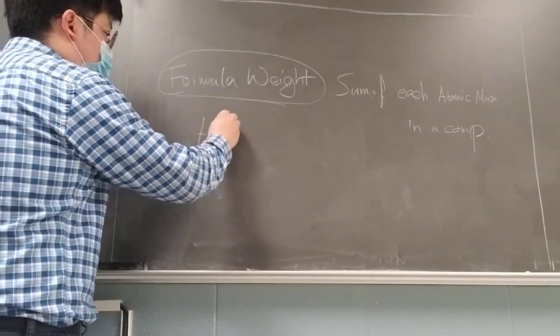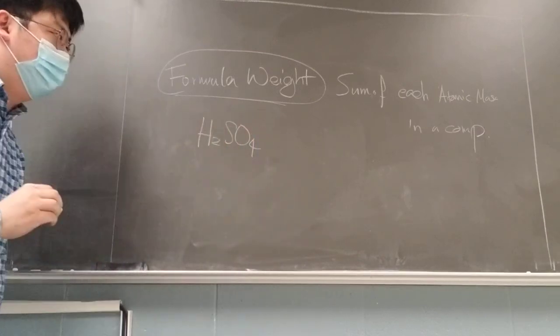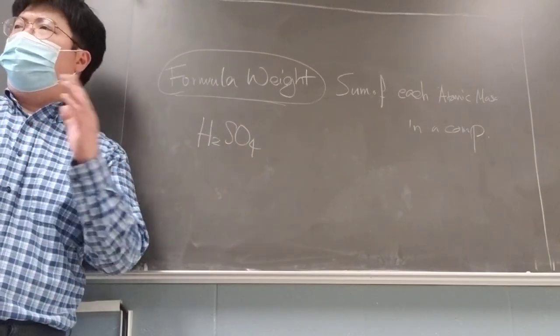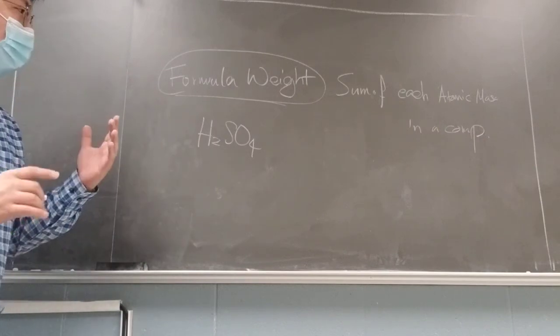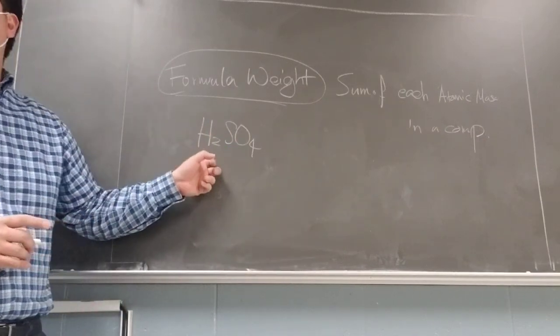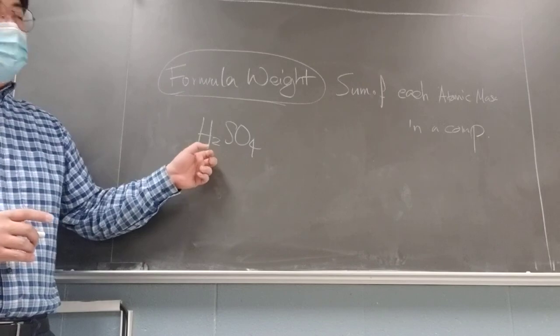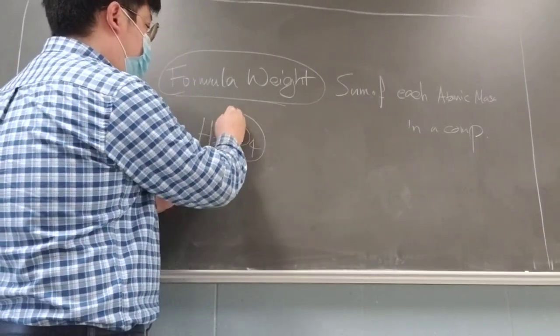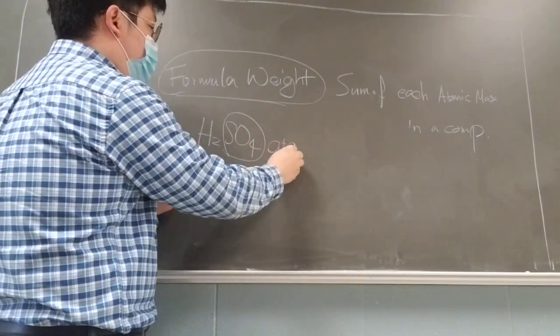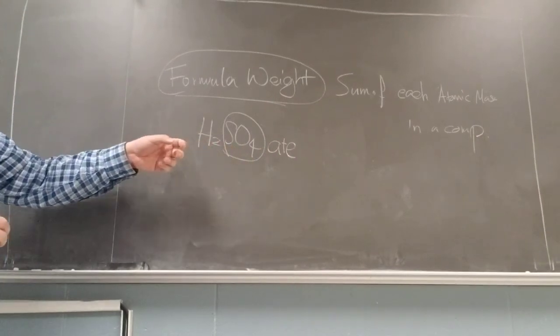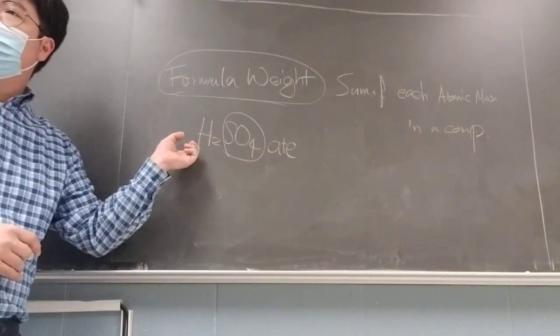This is H2SO4. This is a quick review. If you can remember, do you know what's the name of this one? So this is a sulfate. This is the one that has the ATE name. So we call this sulfate. Then there's a hydrogen there.